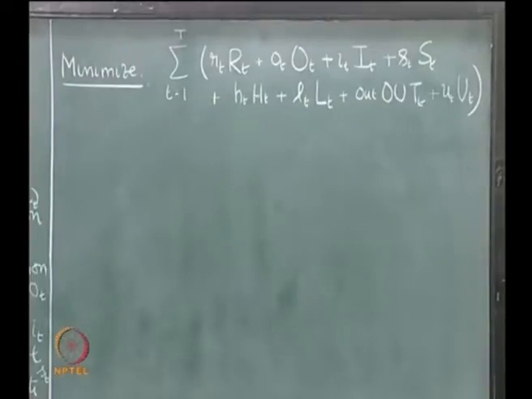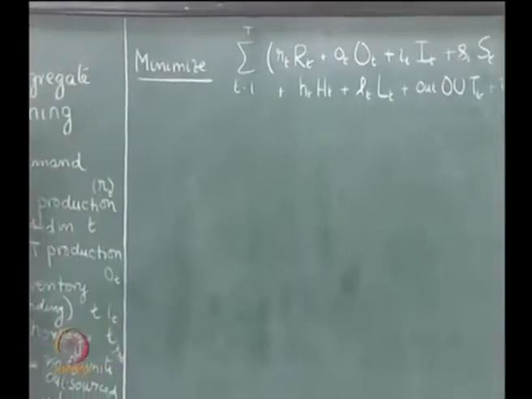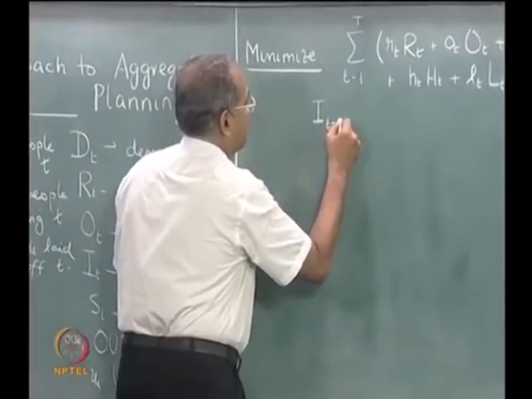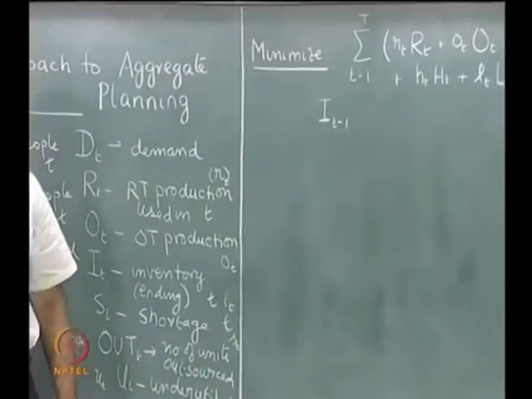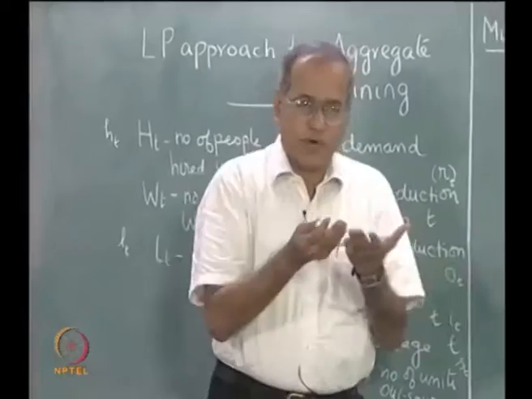Now, we need the constraints. For any typical period, I t minus 1 is the inventory at the end of the previous period, which is the beginning inventory for a particular period, plus the productions.